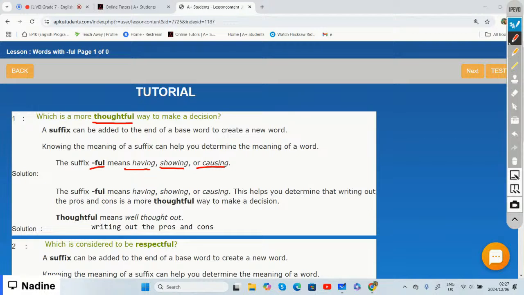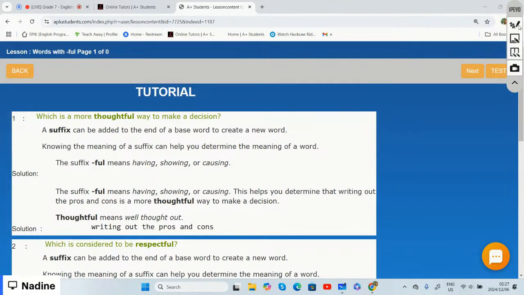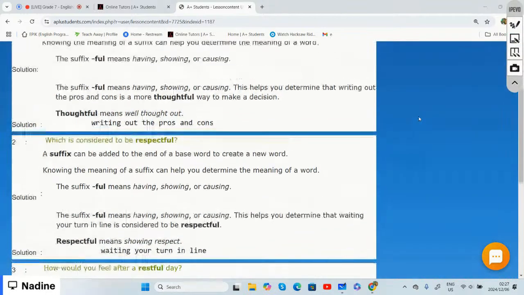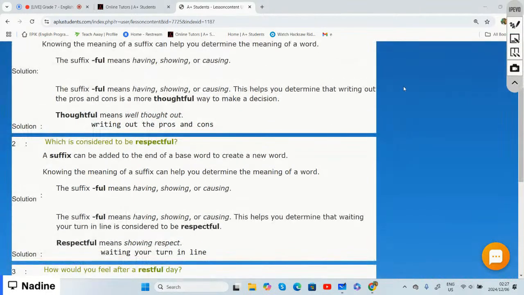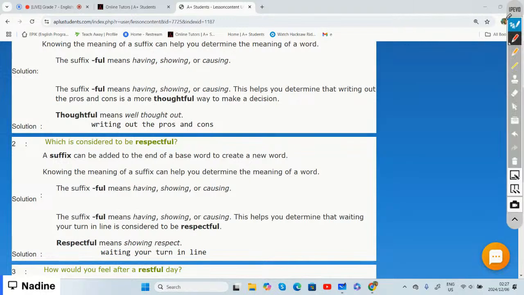All right. If we look at the next one, which is considered to be respectful? Respect. Remember, respectful means that you are showing respect or you're having respect.